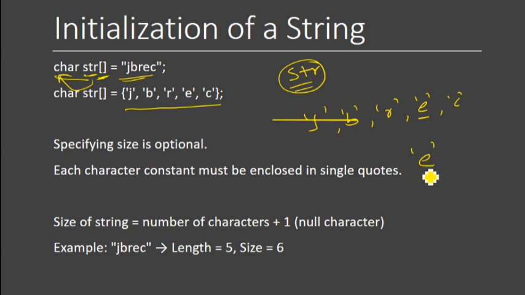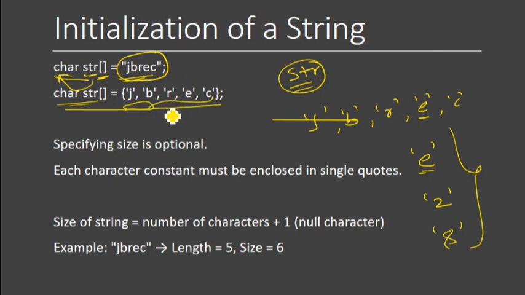Any alphabet, digit, or special character included in single quotation is a character. Earlier I directly assigned a string in double quotation; here it is also a string, but in terms of a group of characters, each represented separately in single quotes.